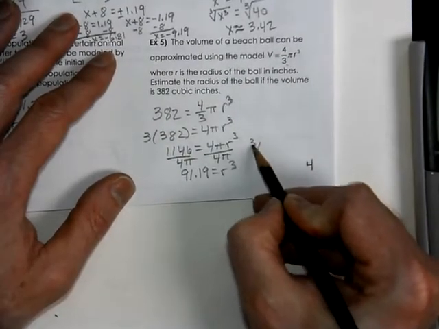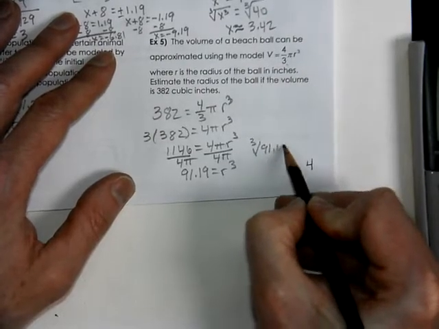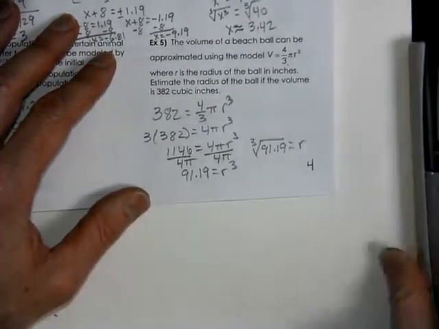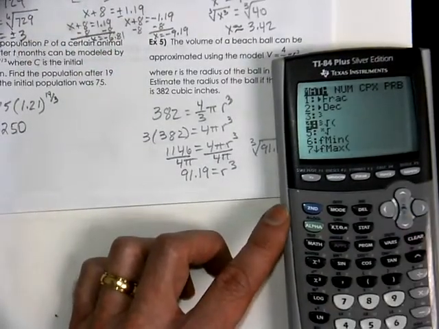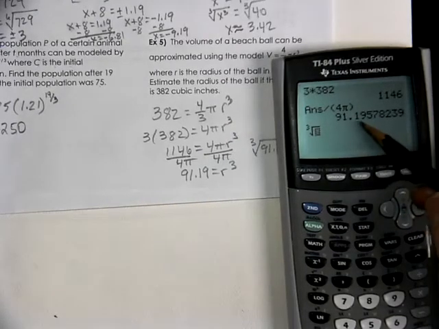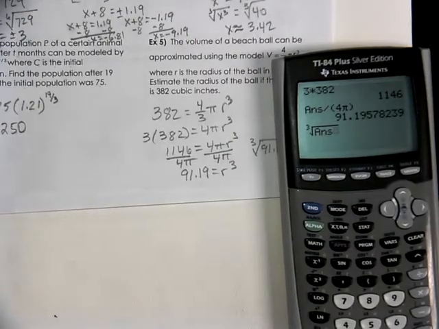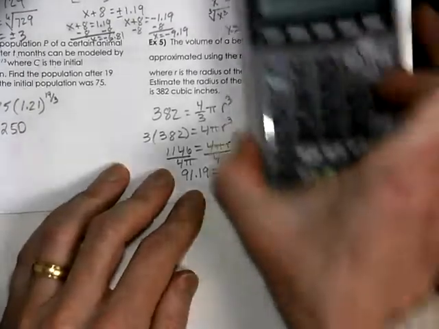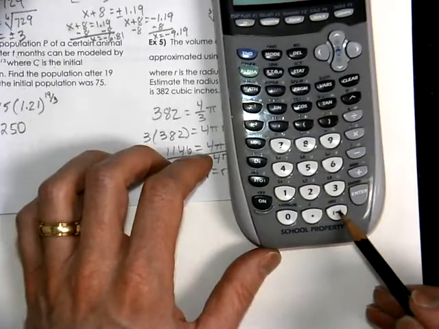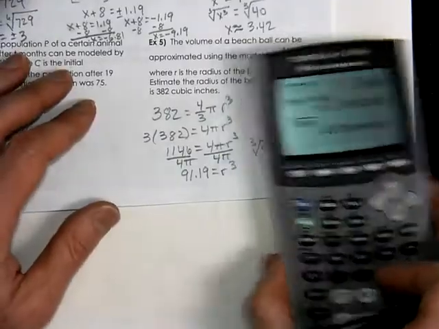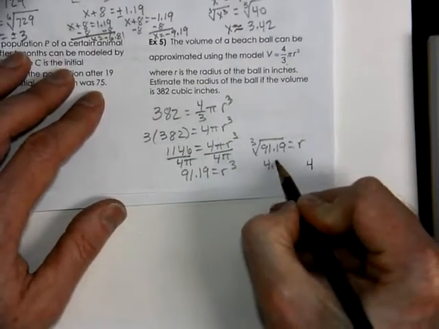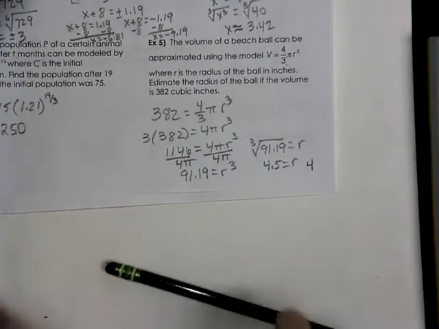Now I'm going to do the cubed root of 91.19. You go to math, down to the cube root. Now, you don't want to type in the rounded value. You want to use the answer button, which is found just above the negative. And that gives us 4.5. That would be the radius of a beach ball with a volume of 382.